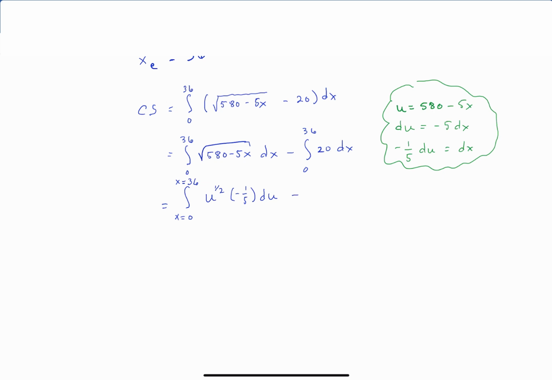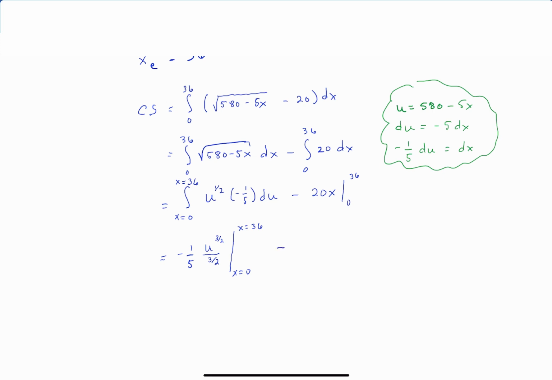Now for the second definite integral, I can just go ahead and say the antiderivative is 20x, and I'm putting in 0 and 36 for those x values. Back to the first definite integral, the minus 1/5 can come out front. It just comes along for the ride. And then the antiderivative for u to the 1/2 will be u to the 3/2 divided by 3/2. And here are my limits of integration, but they're x values, so I'm going to write x equals 0 and x equals 36.